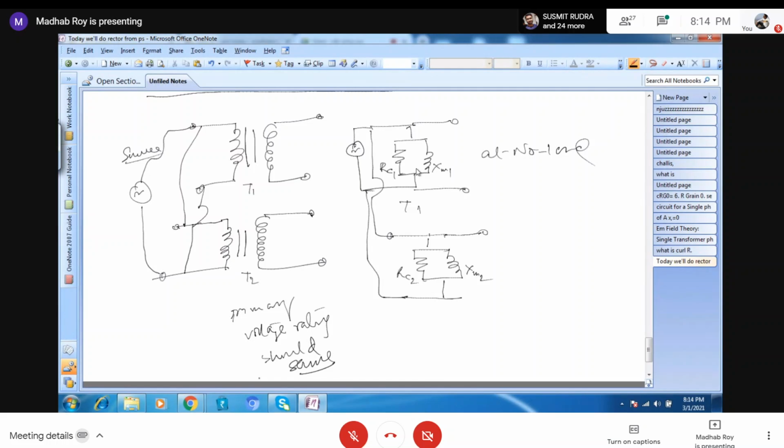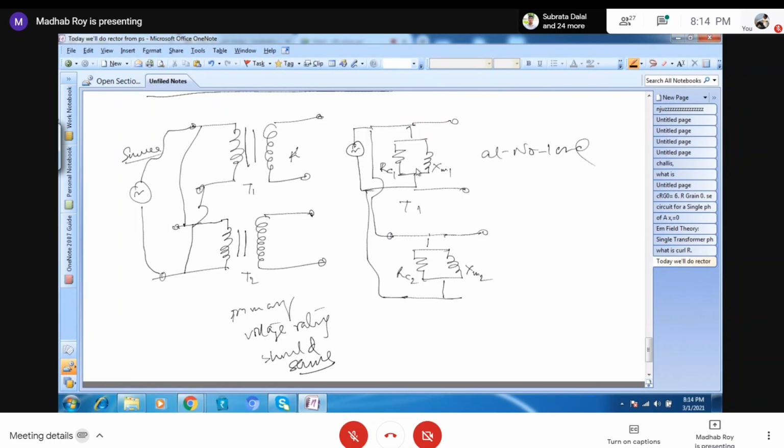Suppose a transformer is rated for 15 years or 20 years or 25 years, then its life will be decreased. So that's why you cannot use a different voltage. The voltage rating should be the same. Otherwise, magnetizing current can be different, because magnetizing current depends on the kVA rating.